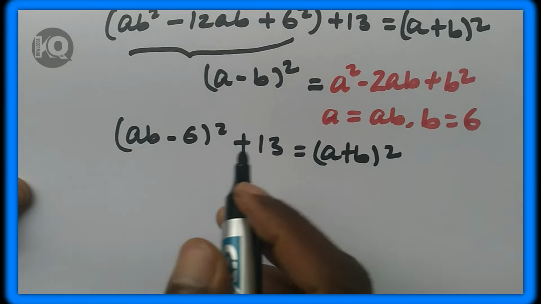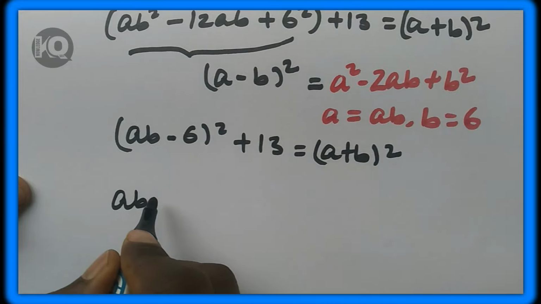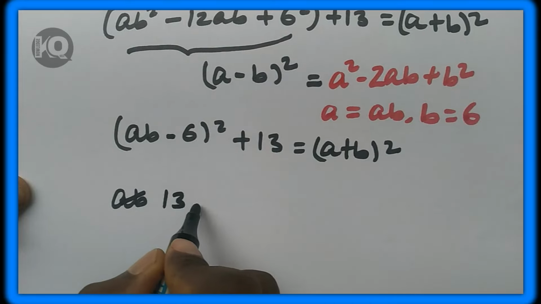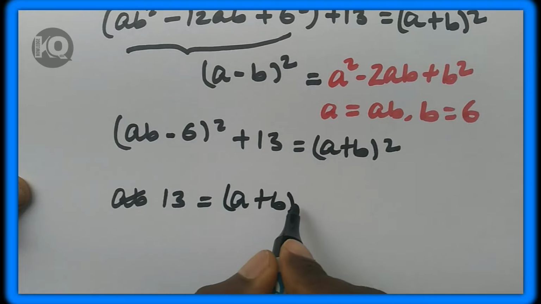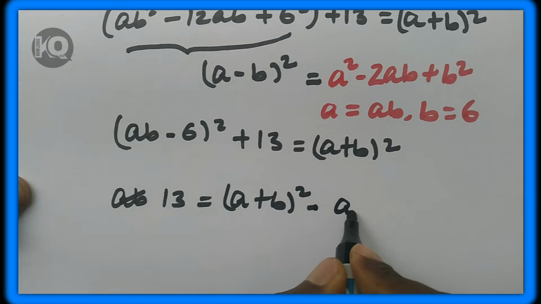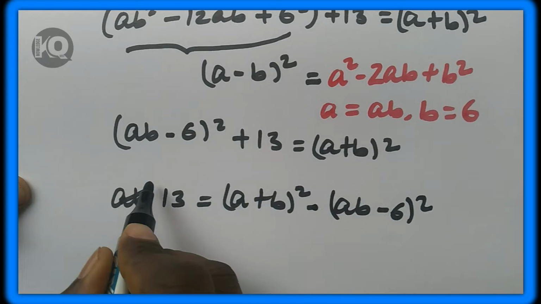Now let's rearrange this equation. So 13, which is equal to (a + b)² − (ab − 6)².